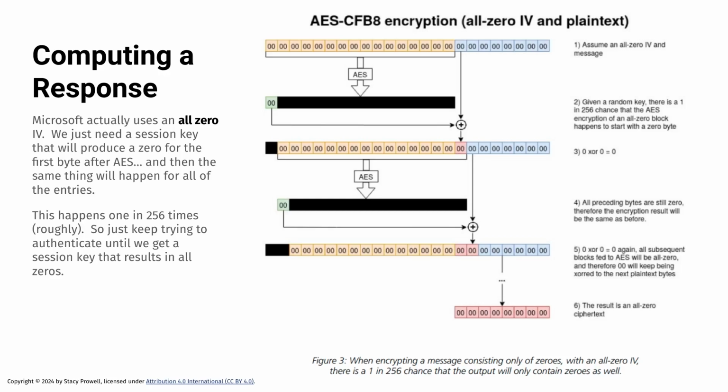Because if I keep doing that, I have a 1 in 256 chance each time. So I'll just do it until I get one of those, and it shouldn't take all that long. So I get a 1 in 256 chance that the output will then contain all zeros as well under this approach.